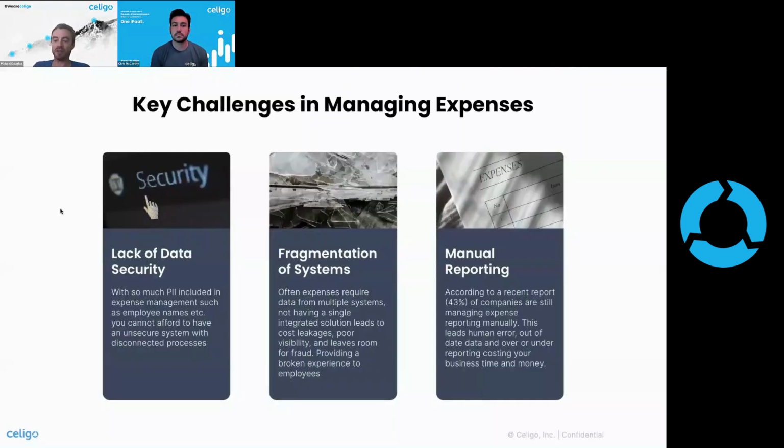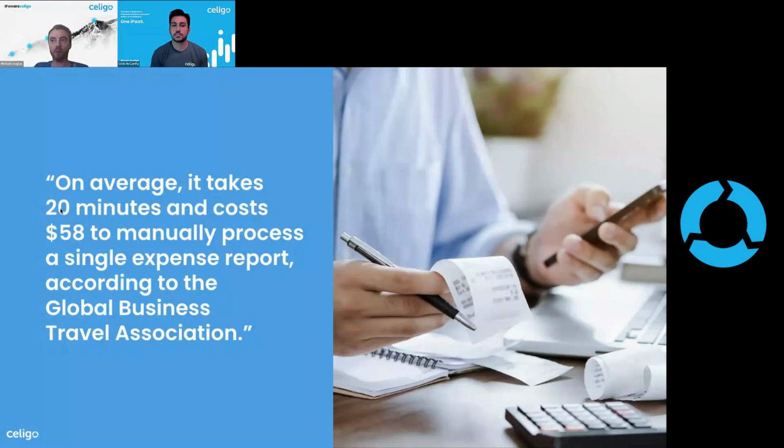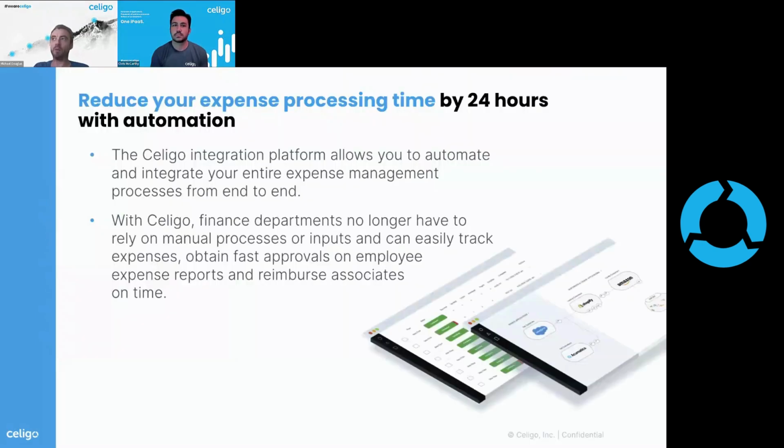So how does Celigo help with this manual expense reporting, with this manual expense inputting, right? What we're about is reducing your expense processing time by 24 hours with automation. The Celigo integration platform allows you to automate and integrate your entire expense management process from end to end.